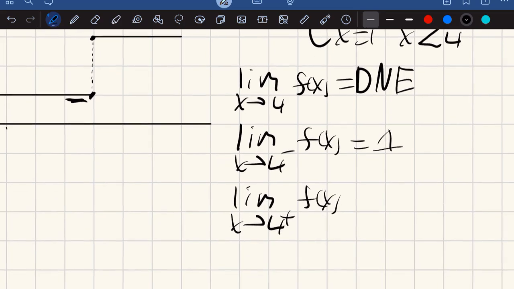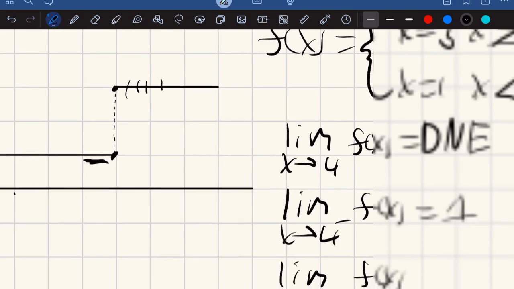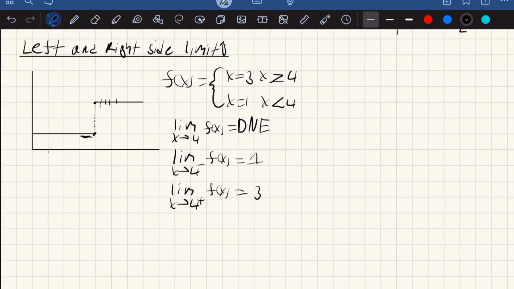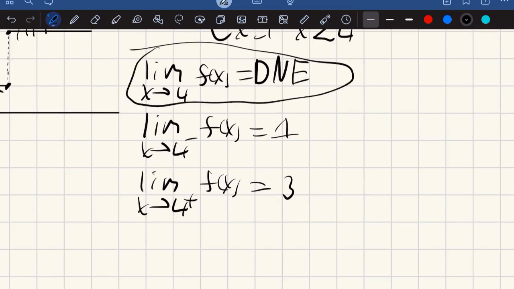But if we go to our right side, as we go from the right, it's going to be 3. And basically, the reason this does not exist is because the left and right side limits do not equal each other.